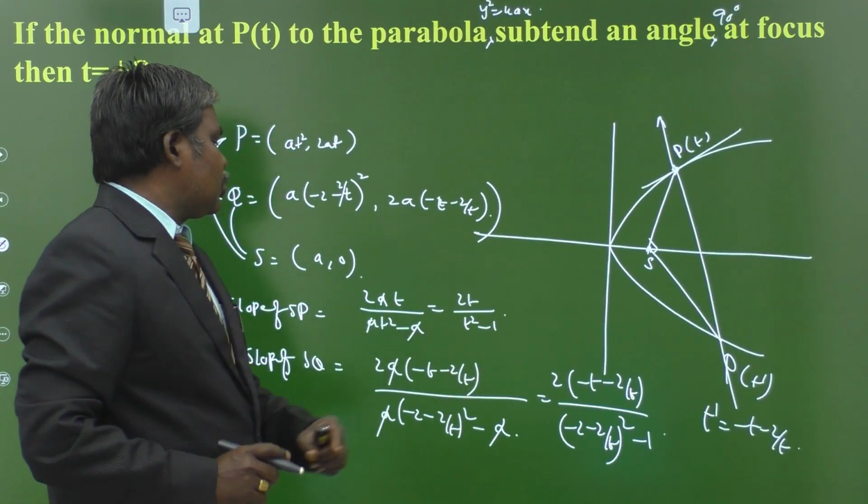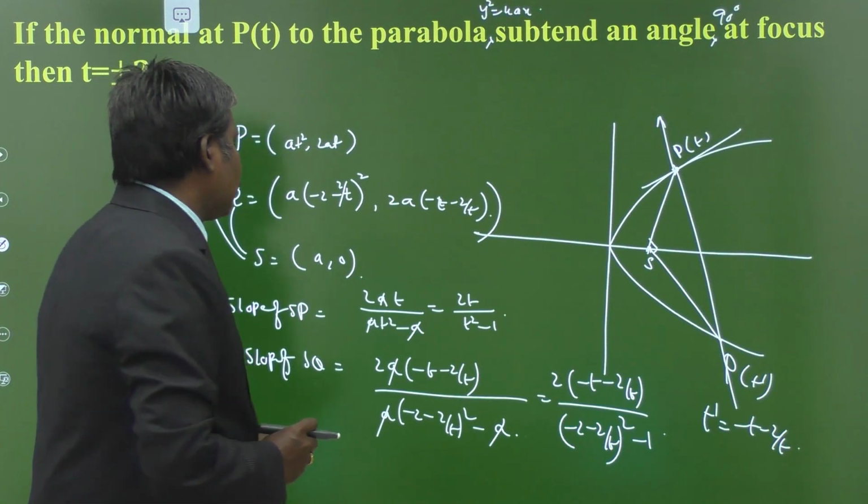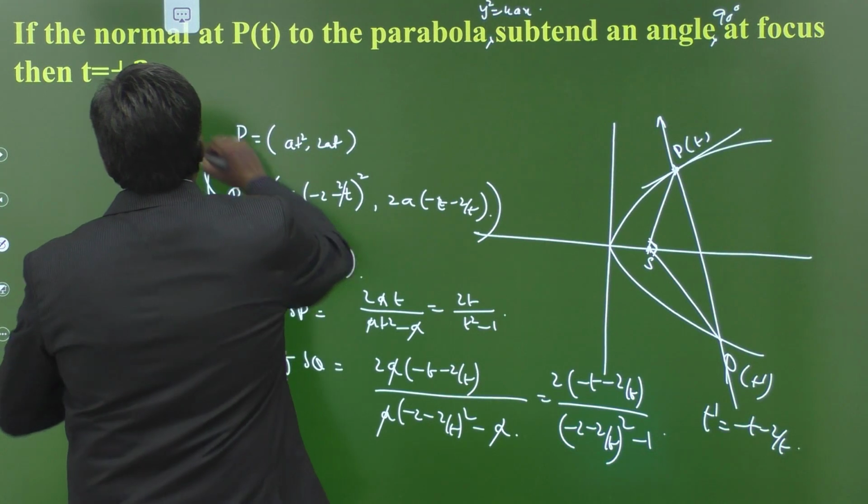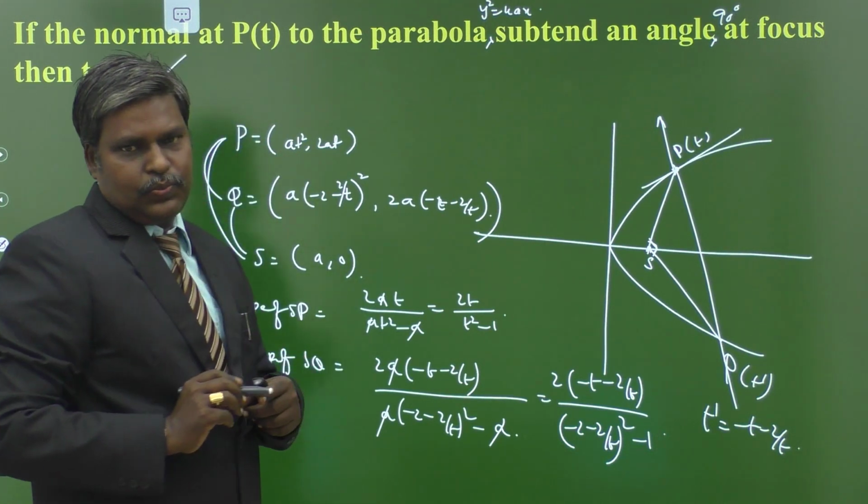Slope of SP into slope of SQ is what? Minus 1. Since the angle is 90 degrees, it is given to you. You have to show that t equal to plus or minus 2.